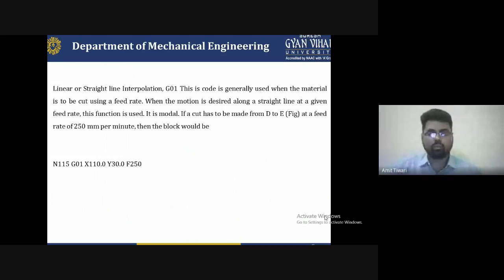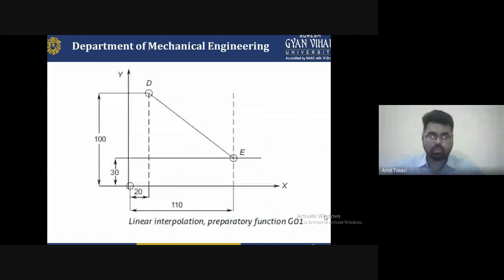So first of all, you have to understand how to read the code and what it says. After that you will be doing the machining very successfully. You have to understand that this code represents this type of motion. For example, the X-axis is 110 mm, and the Y-axis is 30 mm from the reference point.